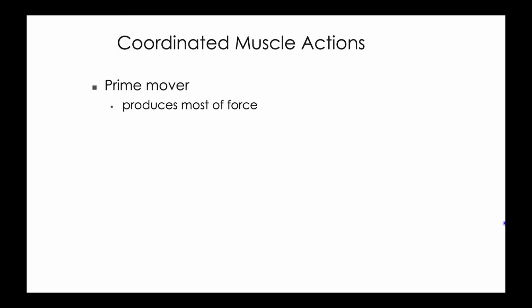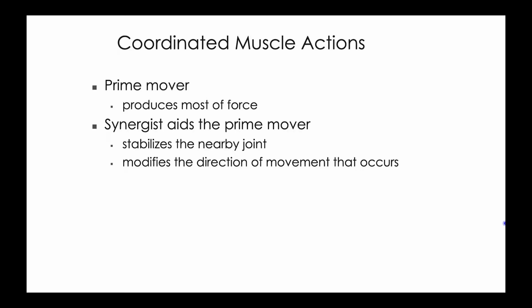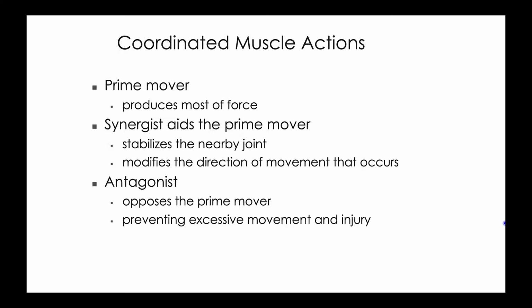And a prime mover is the muscle that is producing most of the force of that movement. Synergists then aid that prime mover, and so they're adding stability to the joint, or they're sort of tweaking and modifying the movement that's happening. And then antagonists are opposing the prime mover. They are preventing an excessive movement, so they're trying to keep you from hyperextending a joint.